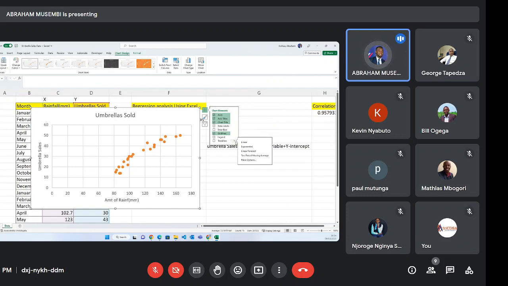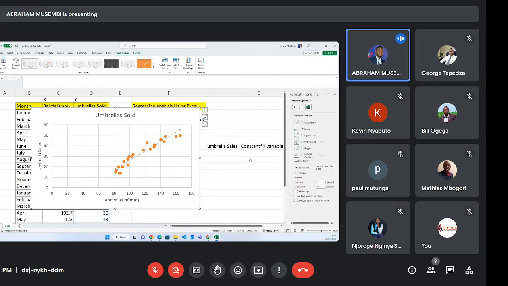So under trendline, we have either linear, exponential, or linear forecast. For our case it's more of forecast, but we can still go to more options. If you click more options, you will see all these options.